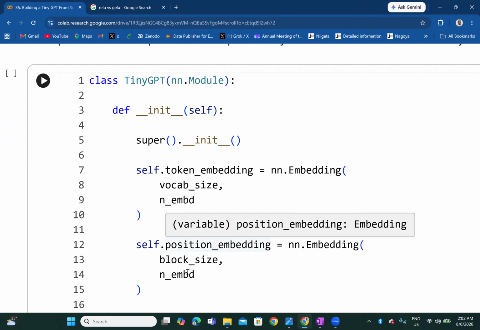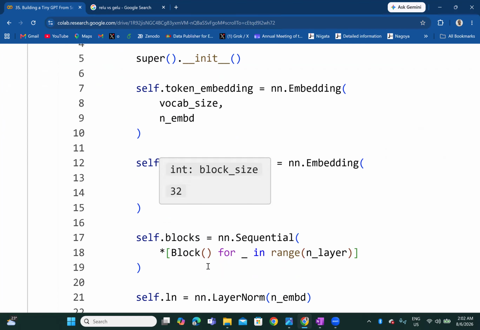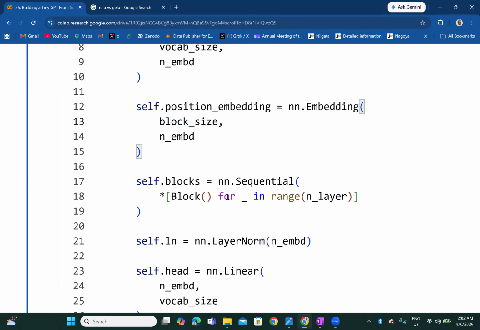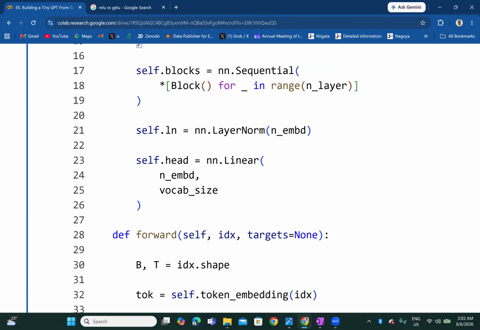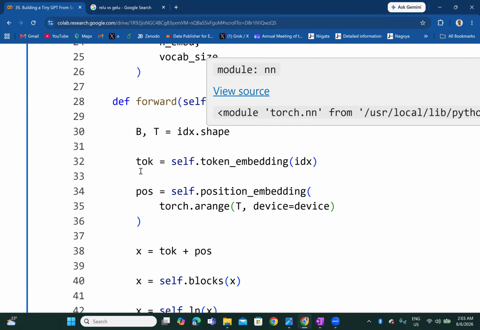Then you have the whole self position embedding, token embedding, position embedding here. Self token embedding is based on vocabulary size and number of embeddings. Position embedding is based on block size, like that. And you have self blocks here, using NN sequential block for all the range in the N layer, then you have the NN layer norm, like that. Then you define the forward.